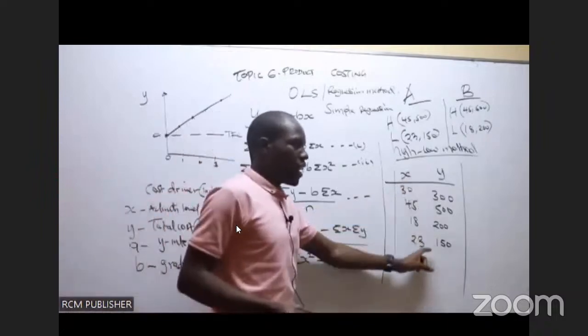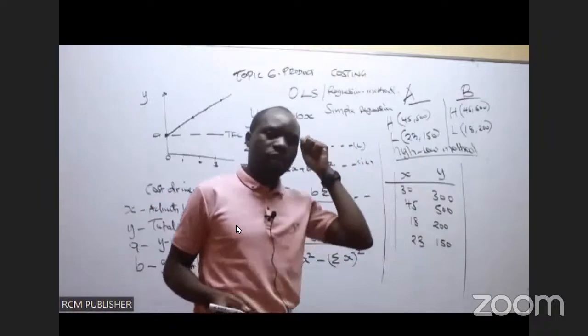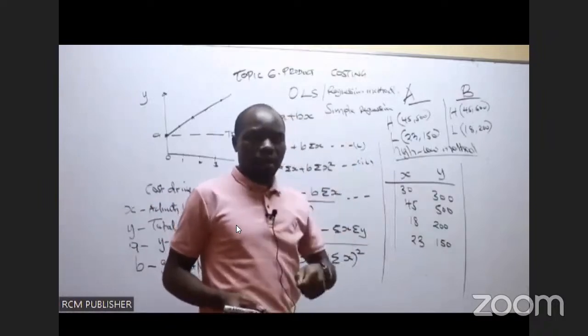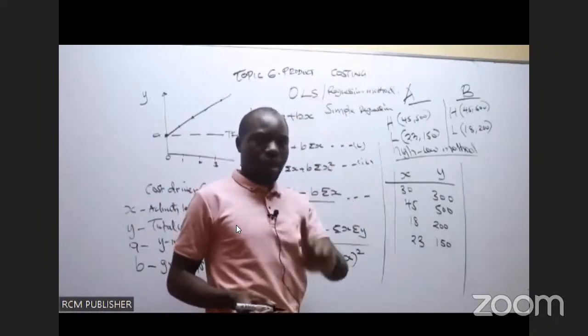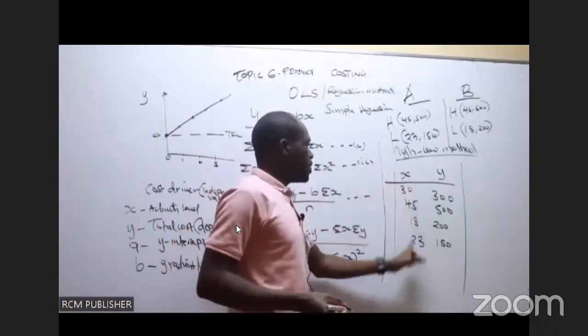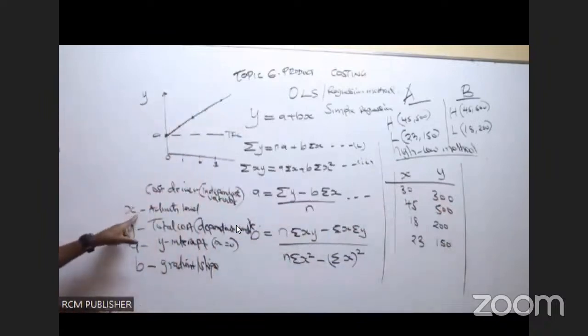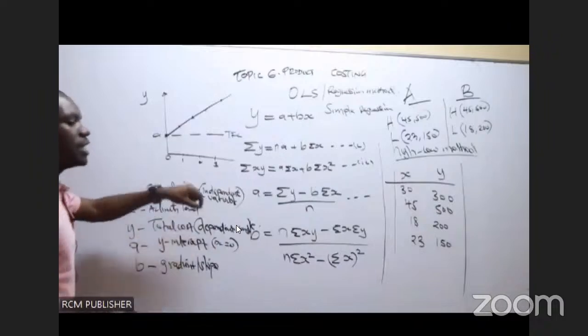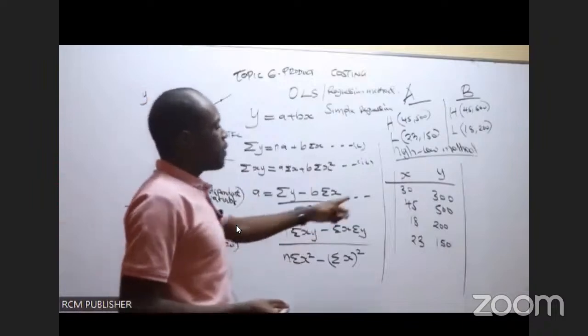Now, as you do this question, the first thing you need to understand is: are you able to identify X and Y? That is number one. Number two, after identifying them, you locate X, which is the cost driver. It determines what the outcome will be.